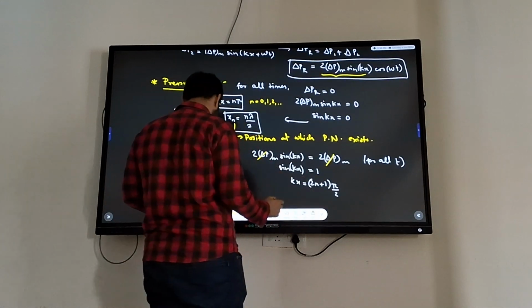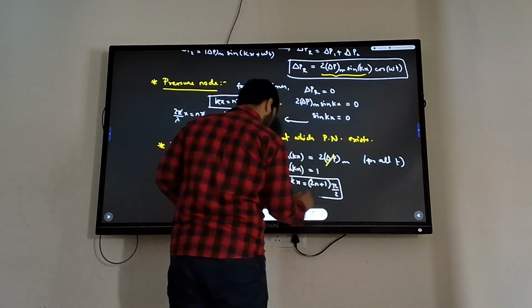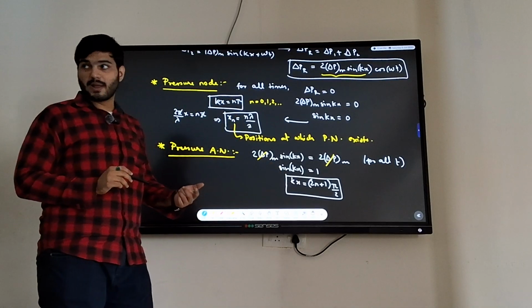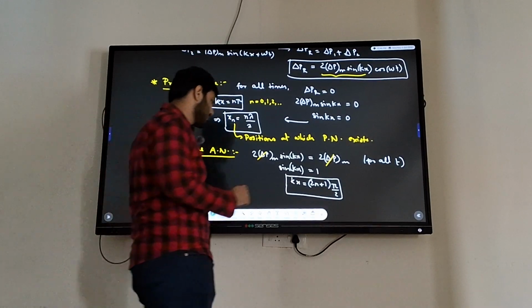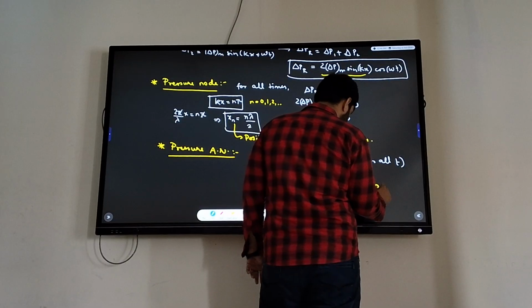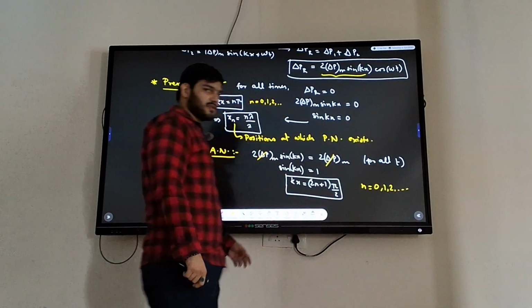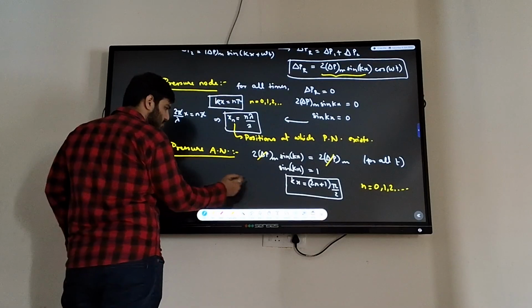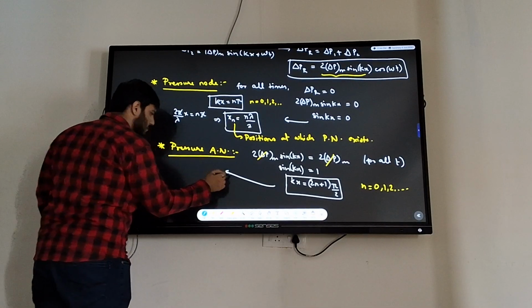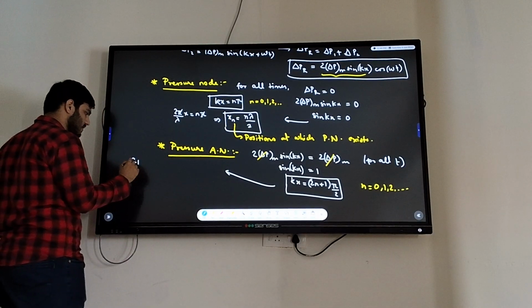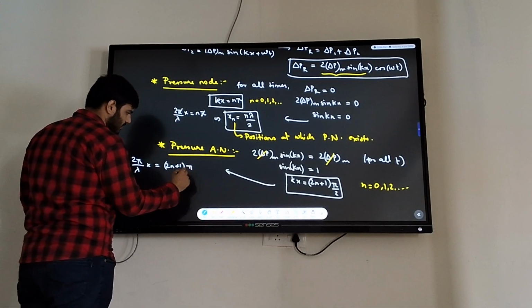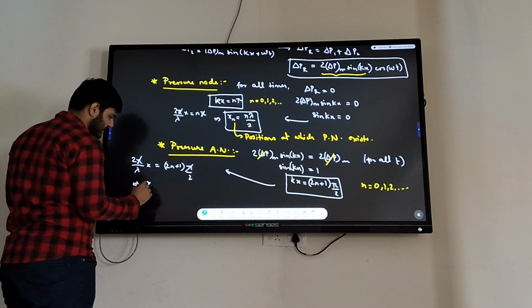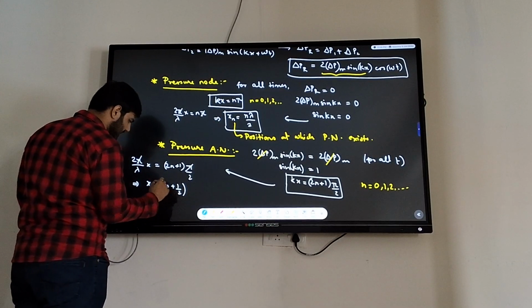What about here? The same thing, right? If you were to write 2n minus 1 pi by 2, then from where can n start? It will start from 1. Is it okay with everyone? And if I write k as 2 pi by lambda, then tell me what will xn be? n plus half, lambda by 2.